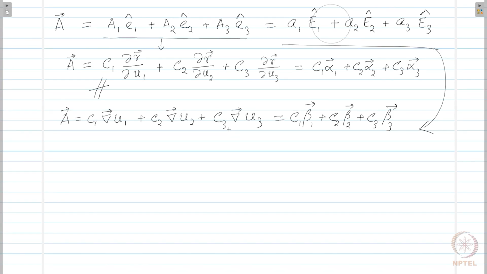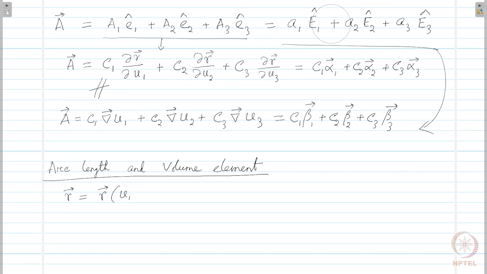Now, let us try to find out the arc length and volume element in curvilinear coordinate system. Let us consider a position vector r given as a function of u1, u2 and u3 coordinates in that curvilinear coordinate system.